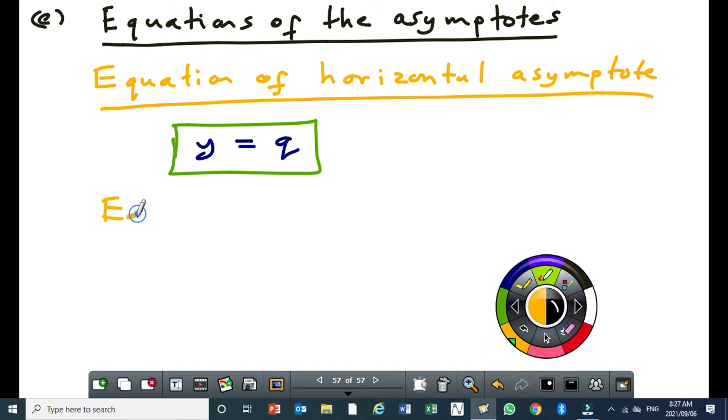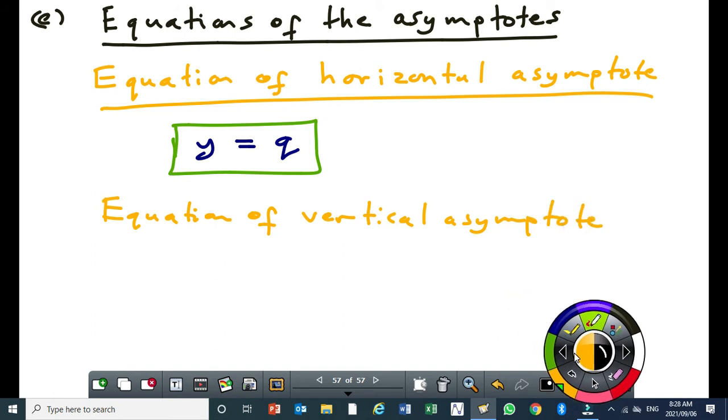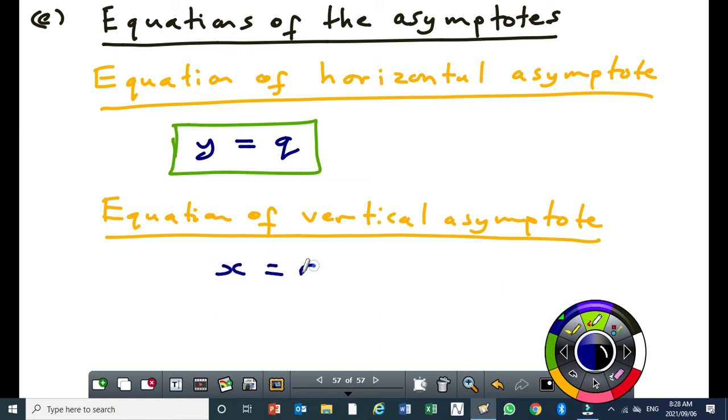Then the equation of the vertical asymptote. The equation for the vertical asymptote is actually x equal to 0, because the y-axis is an asymptote. So the equation will always be x equal to 0.